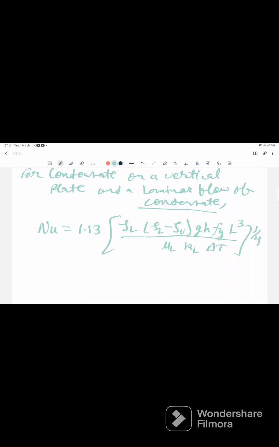So the Nusselt number is for condensate.